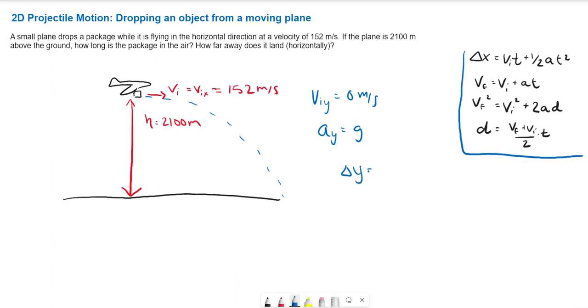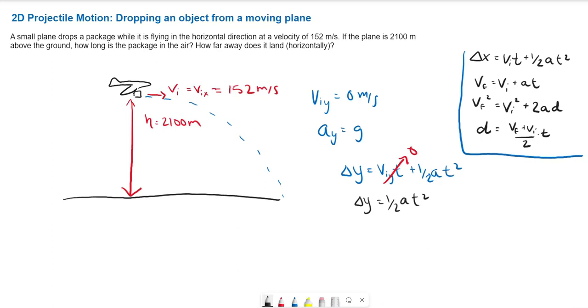So let's go ahead and write that out. Delta y equals v initial y times t, plus 1/2 times the acceleration times the time squared. Now we know that this first term is 0 because v initial in the y direction is 0. So that turns our equation into delta y equals 1/2 a t squared.